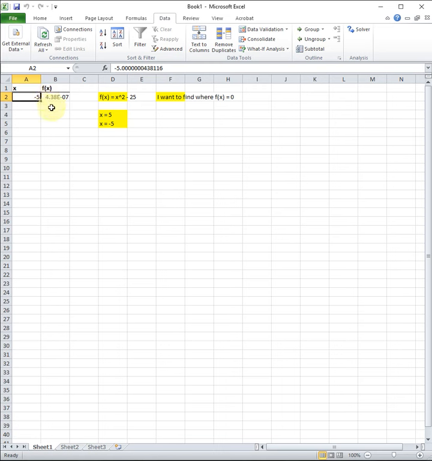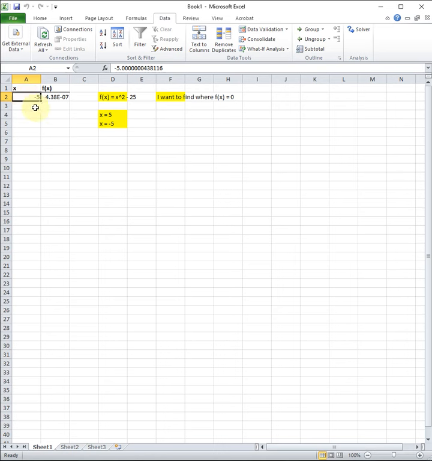So before I put in positive 1, I got the answer positive 5. If I put in negative 4, I get the answer negative 5. So this is the other solution to my equation. I can check it because 4.38 times 10 to the negative 7 is essentially 0. So x equals negative 5 is a solution to my equation.